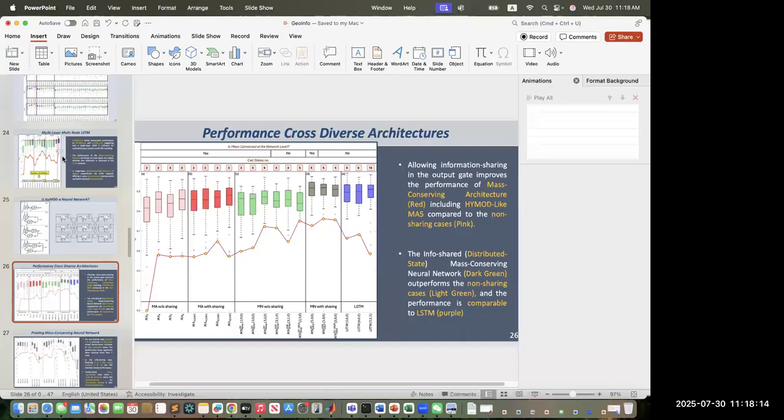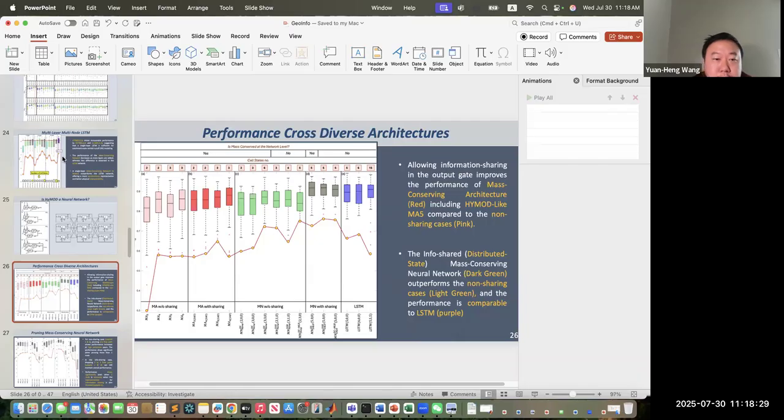I was wondering, when you compare the results to a regular LSTM, how the performance varies against different catchment properties.